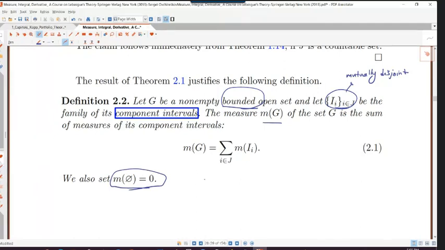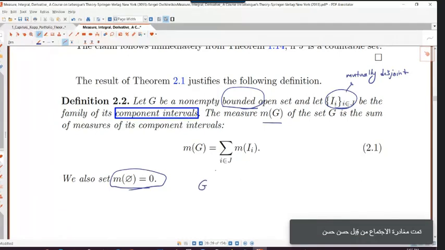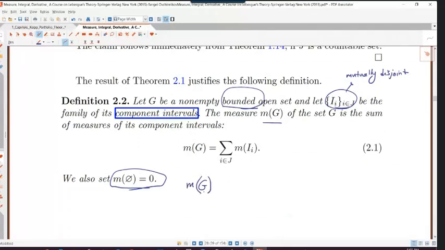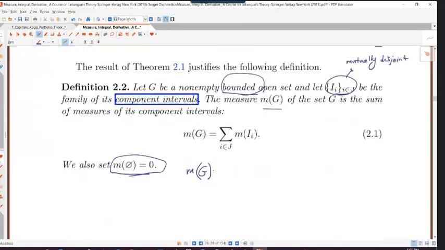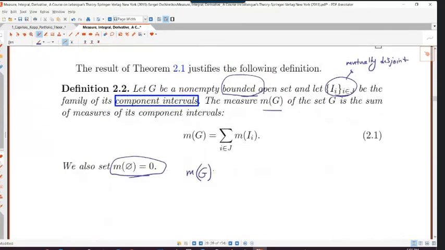Now, if G is an open set, we defined the measure of G. And we go straightforward to define the measure of a closed set. And finally, the measure of any set. Step by step, we go forward.